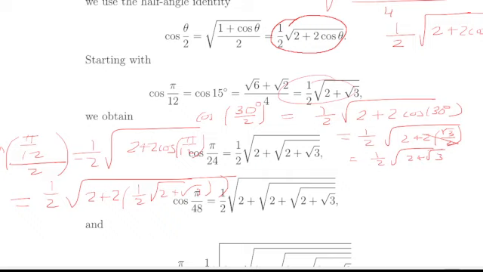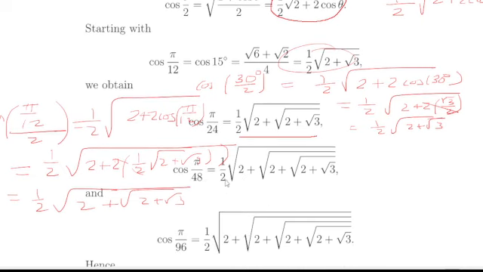So the 2's are going to cancel. You're left with 1/2 square root of 2 plus square root of 2 plus square root of 3. So that's over here. And so the difference here is that we're adding another square root of 2 plus square root of 3. So you just follow the pattern, basically.